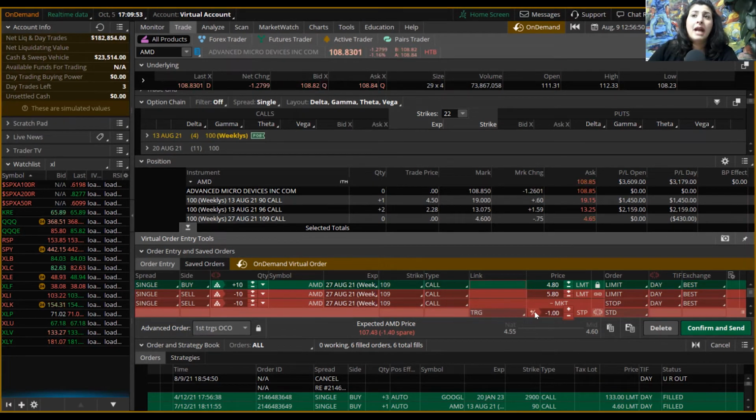So you can have it trail you by a dollar amount, or by a percentage, or by a certain number of ticks. But I don't think anybody's using ticks here. Usually I just have it in the dollar amount, so I'll say that if it drops below a certain percentage.